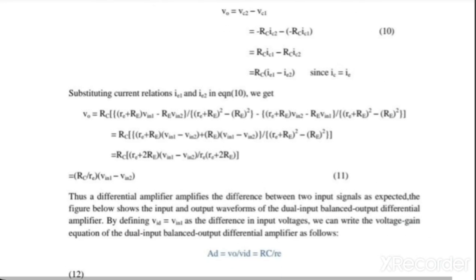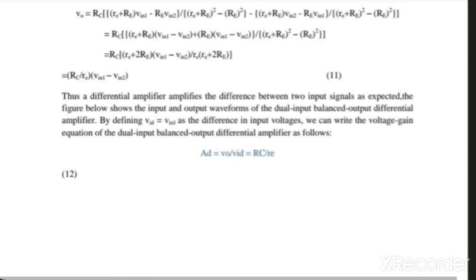So the output voltage is VO is equal to VC2 minus VC1. This is equal to minus RC IC2 minus RC IC1 is equal to RC IC1 minus RC IC2 is equal to RC (IE1 minus IE2), since IE is equal to IC. Substituting the values of IE1 and IE2 in this equation, we can write the value of VO.